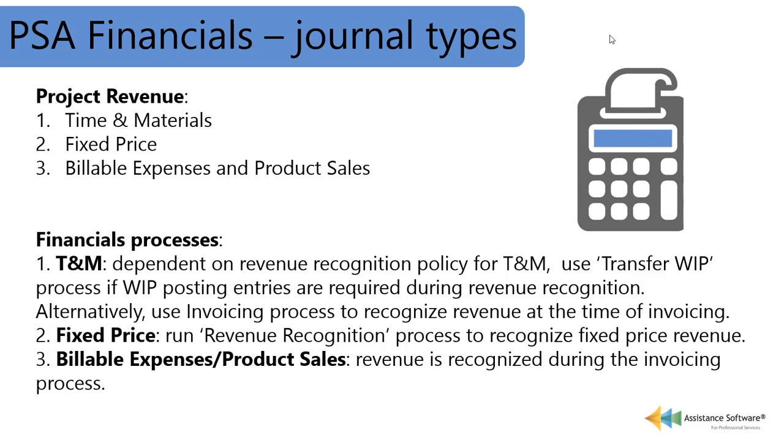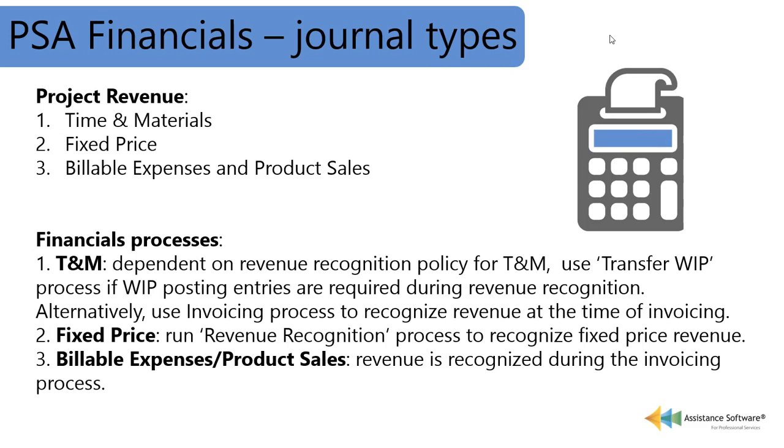Many firms recognize time and materials revenue at the time of invoicing, in which case the only time that T&M revenue is recognized into the project's ledger is when you invoice those billable items.